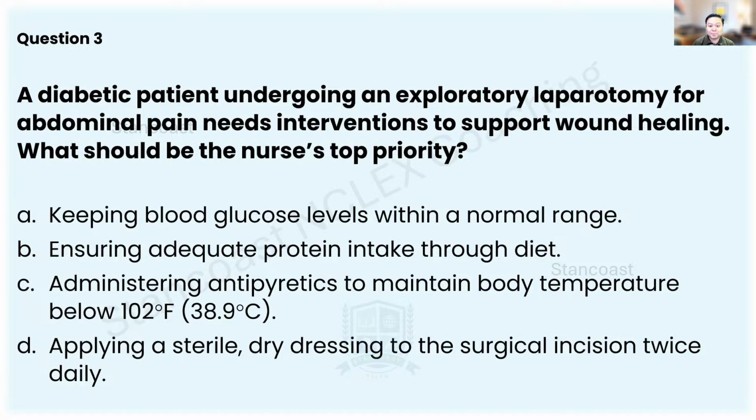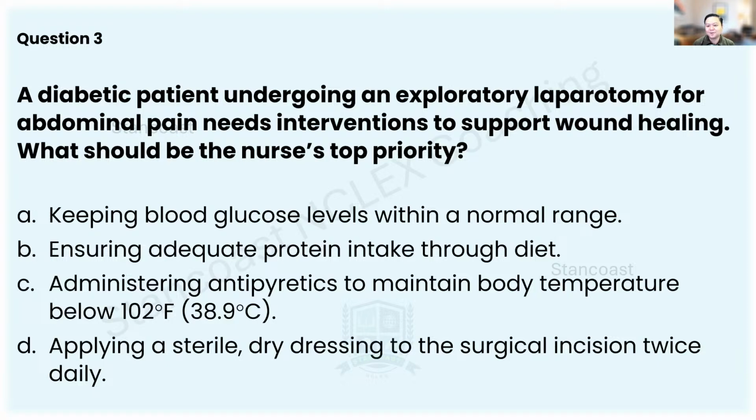Your diabetic patient is undergoing this major surgery for the abdominal pain. So in order to support wound healing in this patient, what would be your top priority among the 4? Would that be letter B, ensuring adequate protein intake through diet? Or would that be A, or is it C or D?